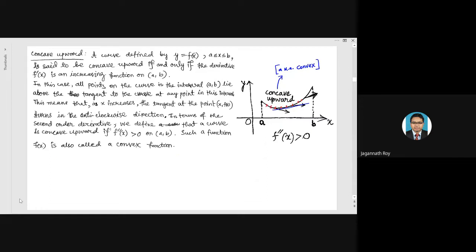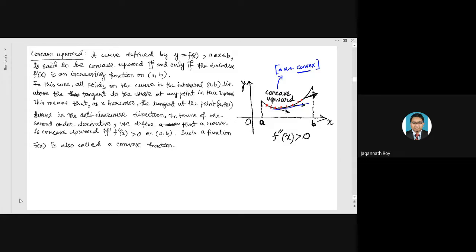Now, what is concave upward? As we have already mentioned, if you look at the graph of the concave upward, this function is also known as a convex function. Later we will discuss again.